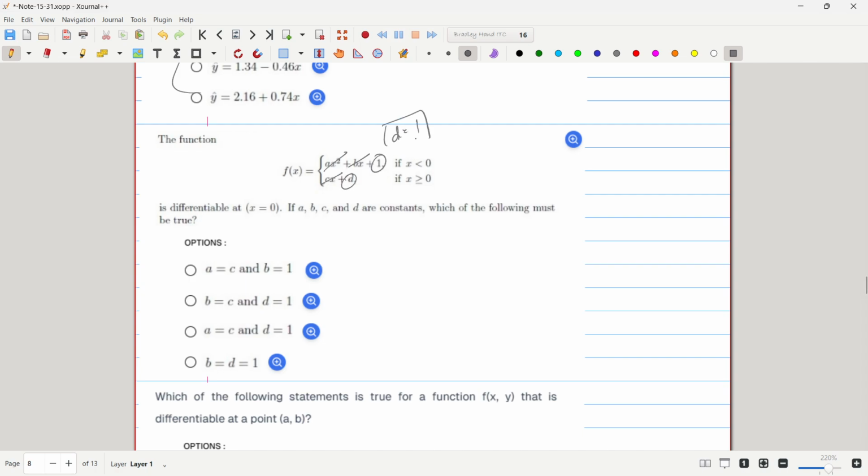So the value of d will be 1. Then you can do the 2ax plus b equal to c. If you put x equal to 0 here, you will get b is equal to c. Okay, so b is equal to c and d is equal to 1.